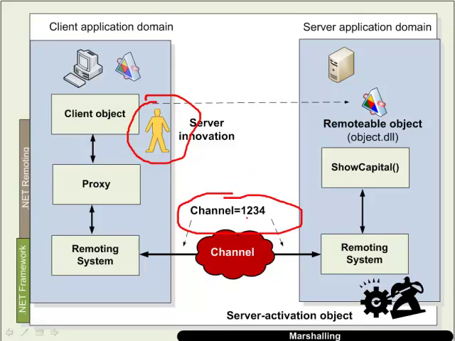In .NET remoting, we define a channel number, and this sets up a TCP channel. In this case, the TCP port is defined as 1234. So we need to make sure that the firewall will allow through this channel for the client and the server to be able to communicate between firewalls.